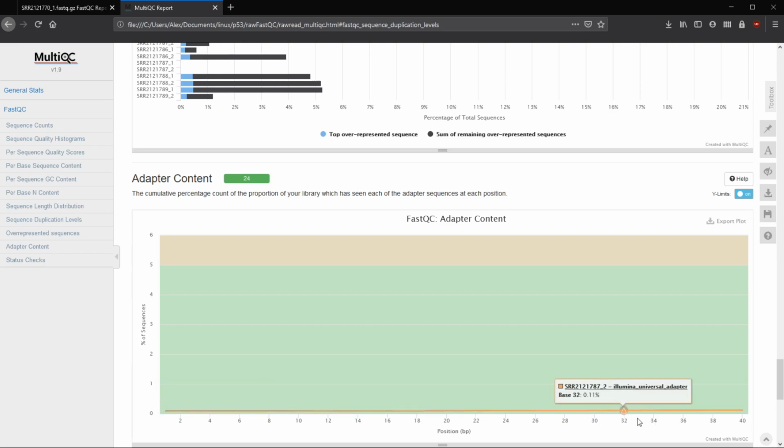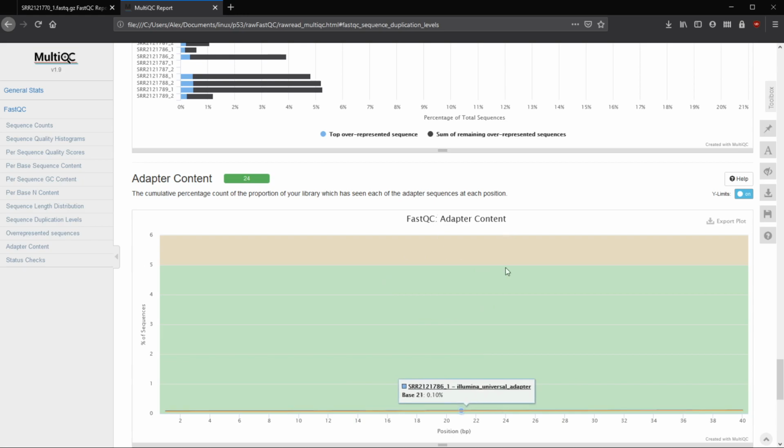But since it did find another location along the line that had adapter sequence content, it did go up. So in extreme cases, at the beginning, it'll start off relatively small, and as it gets closer to the end of the sequence, it'll increase, kind of like maybe a really slight S-curve. So that is kind of explaining the adapter content.